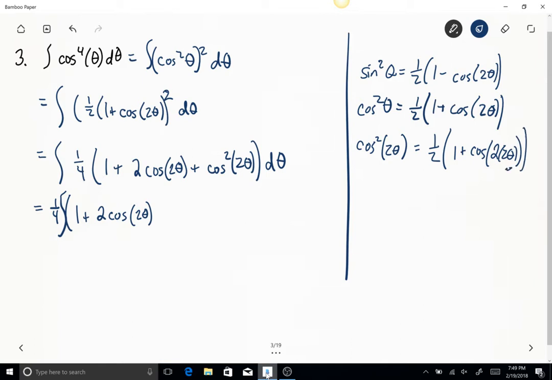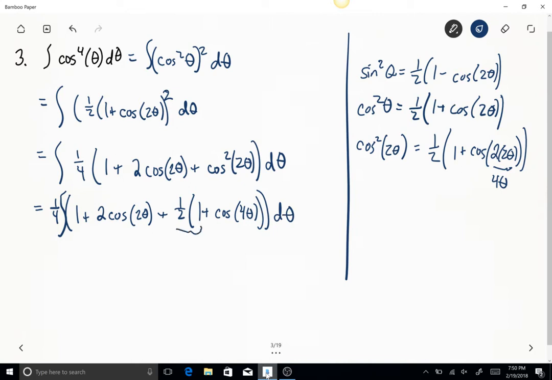So that will be just 4 theta. So this thing becomes plus 1/2 times 1 plus cosine of 4 theta. And then we'll close off our parentheses and put d theta.